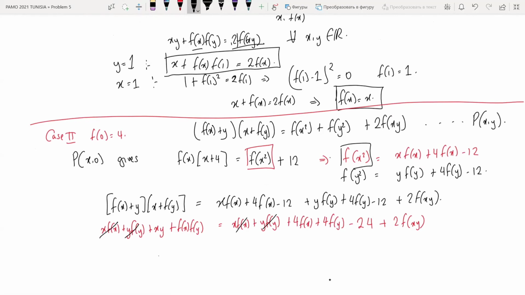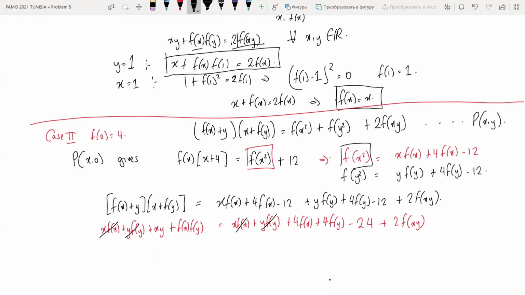At this point now, we can do something very similar to what we did in our first case. We can plug in y equals 1. When we plug in y equals 1, we'll get an equation involving only f of x, x and some constants. So we can make f of x the subject of the formula, and we get f of x in terms of f of 1, x, and some constants. But as we saw earlier on, we can actually try to find the possible values of f of 1 first of all.